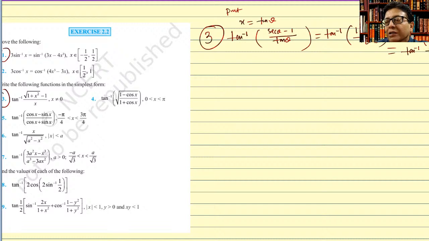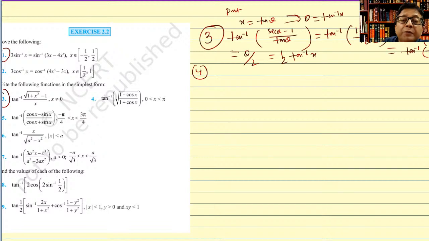So this is nothing but tan theta by 2, so this whole expression changed to theta by 2. Theta is what? Tan inverse x. So this will be half tan inverse x. Clear?